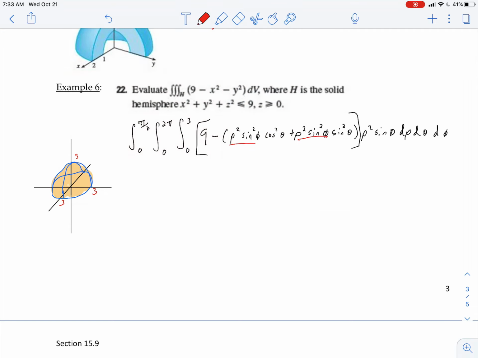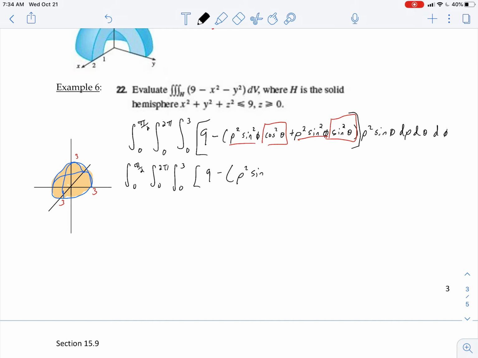One thing I want you to see, because I don't have a lot of room here, is they both have rho squared sine squared phi, so I can pull that out. If I pull that out, cosine squared theta plus sine squared theta is going to be on the inside. Well, what's cosine squared plus sine squared theta? That's just 1. I'm going to have to write all this over and over again, so you can skip as I write it down.